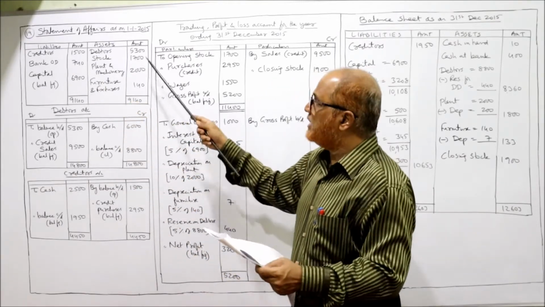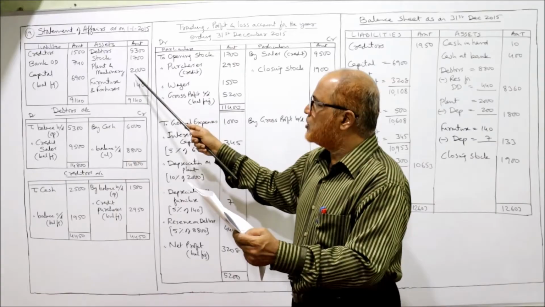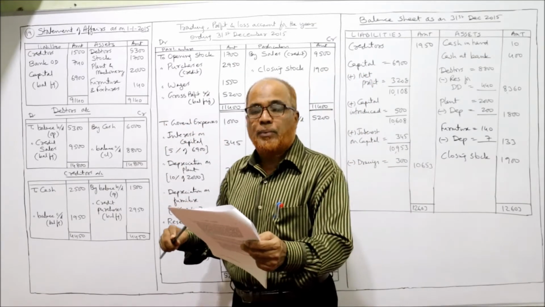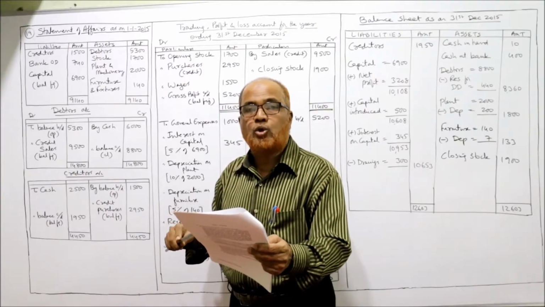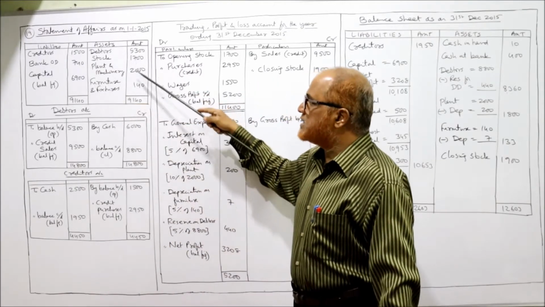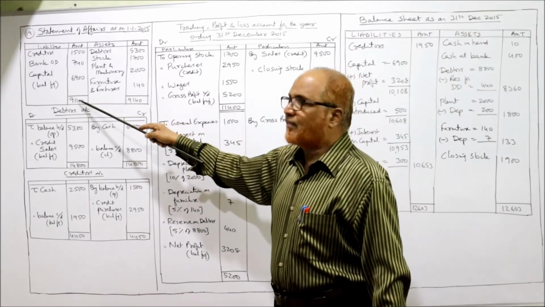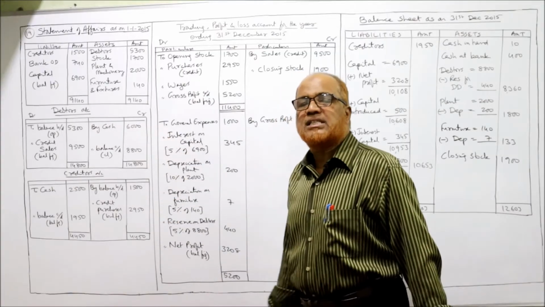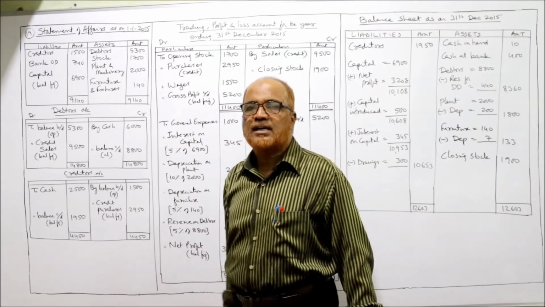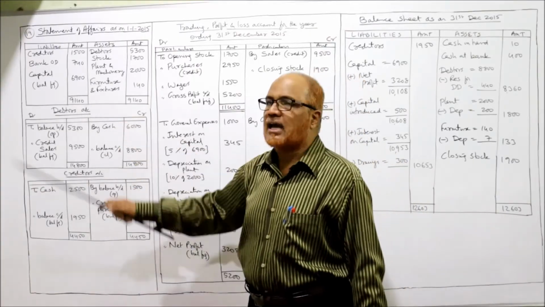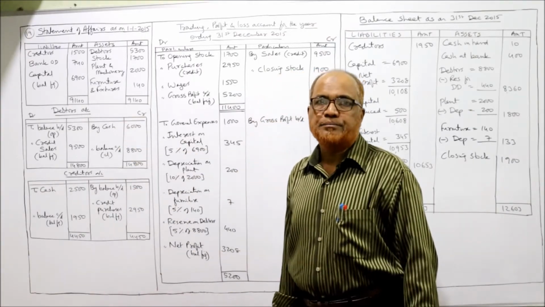And stock 1,700, plant and machinery 2,000, furniture and fittings 140, and bank overdraft, because in the cash book you can see due to bank, so bank overdraft 740. Take the total of the asset side, 9,140. From 9,140 deduct 1,500 and 740, we get 6,900. This is the capital. Already it is given in the first line. 6,900 is the capital at the beginning of the year.